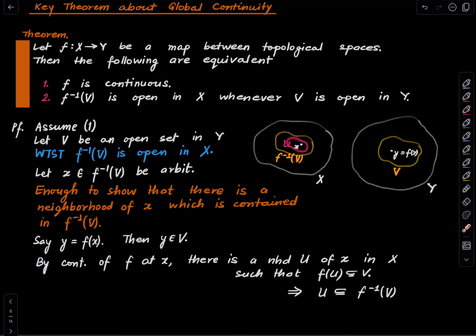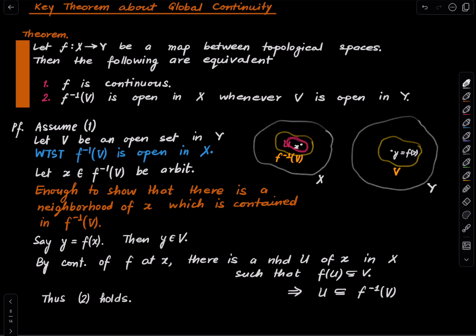That proves that f inverse V is open because the point x was completely arbitrary. Around every arbitrary point, there is a neighborhood which is contained in f inverse V. Let me say that again. Around every arbitrary point in f inverse V, there is a neighborhood of it which is contained in f inverse V, and therefore f inverse V is open. So that proves 2.